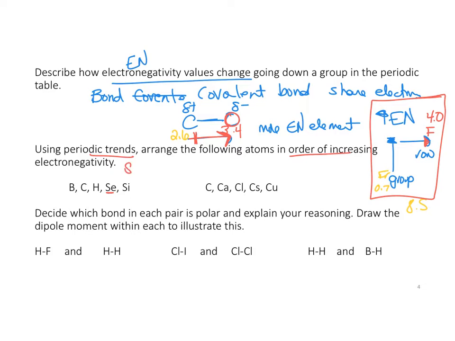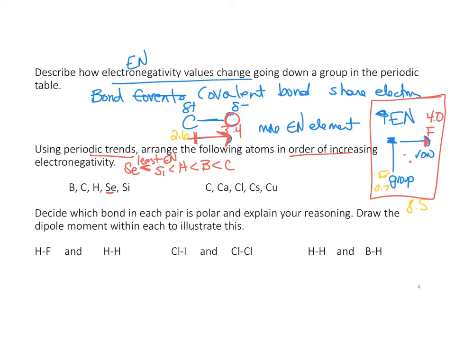Selenium would be the least electronegative, because selenium is right here, below sulfur, and silicon is right here, so I would say this is less. So I'm going to put my small mouth of my gator mouth, and then silicon, and then I would say hydrogen, and then boron, and then carbon.